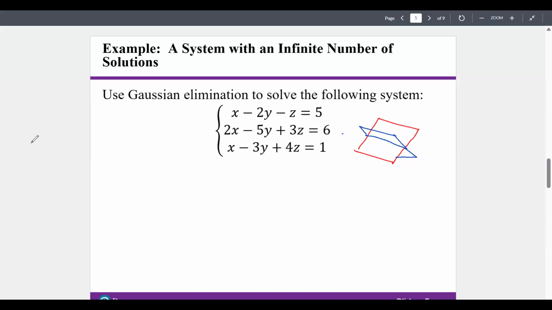So if they all intersect, say, on the same line here, let's do one more. We'll put it up here. What we see is we have a line here that three planes are intersecting on. If you have a line, that's infinite solutions.